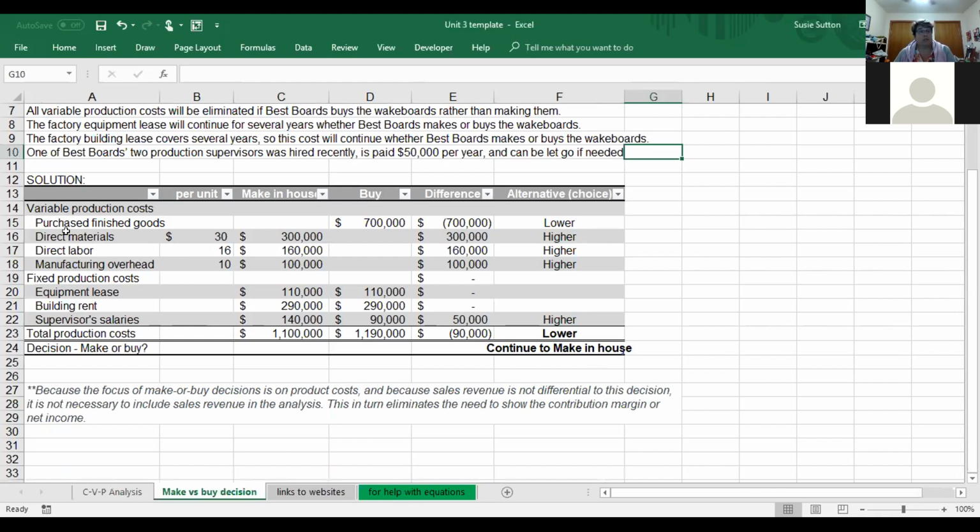But the other variable cost is if we're purchasing finished goods, it was going to be $700,000. So looking at those expenses, the difference would be if we purchase them, it's $700,000, lower than the expenses to make in-house, which are higher than if we bought them.